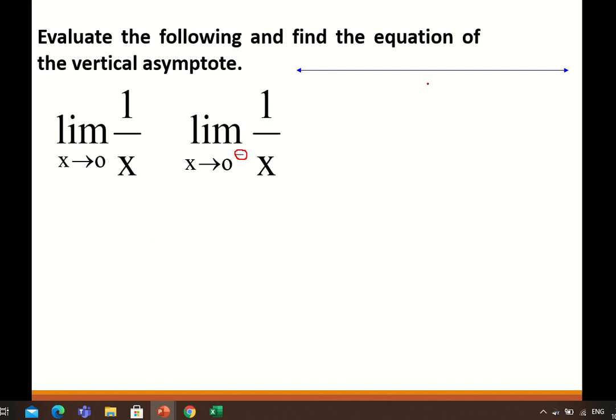So again, from our reference, this is our number line. Assuming this is our 0, from the right we have 1, say 2, then from the left, we have, say, negative 1, and negative 2, and so on and so forth.